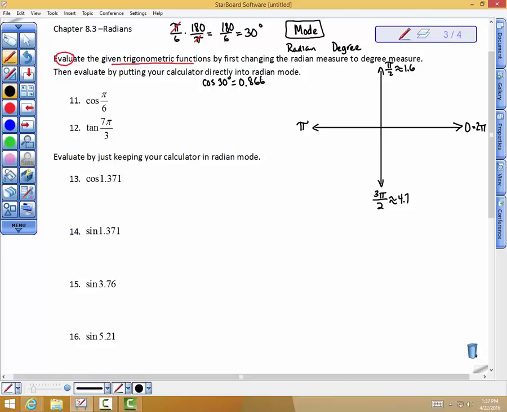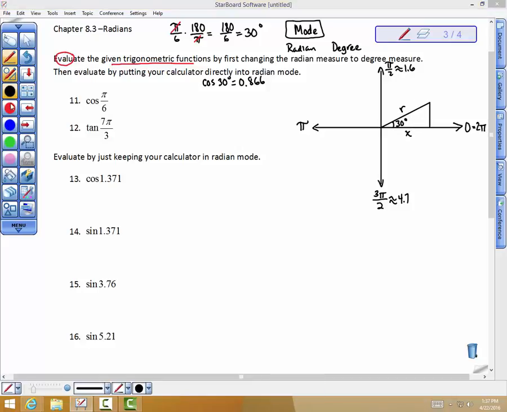Let me remind you, because remember, I want you to feel trigonometry. I want you to get a gut check on this. So if I drew a 30-degree angle over here and dropped that perpendicular, remember that the cosine of this 30 degrees is equal to the side adjacent to the 30 degrees over the hypotenuse, or it's equal to x over r.